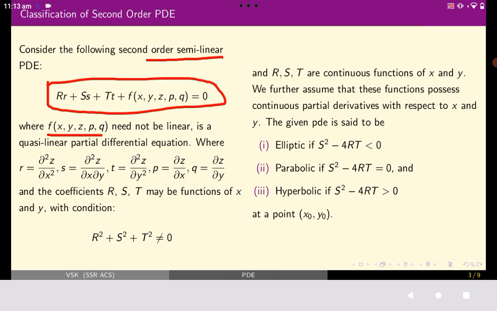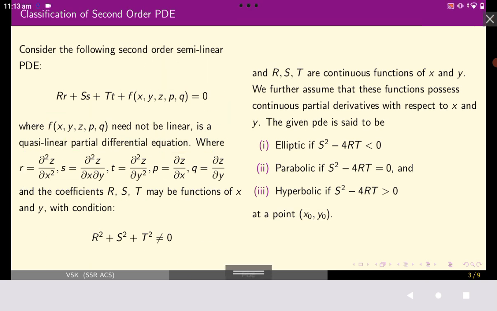where f, of x, y, z, p, q need not be linear, and it is a Cauchy-linear partial differential equation, where the r, s, t all have their usual meaning, which is given by this. And the coefficients, this capital R, capital S, capital T, may be functions of x and y with the condition R square plus S square plus T square is not equal to 0.